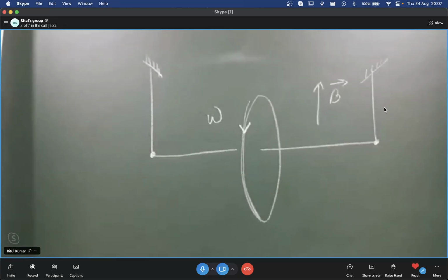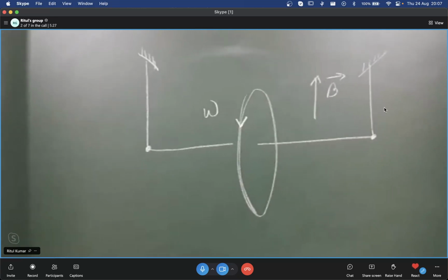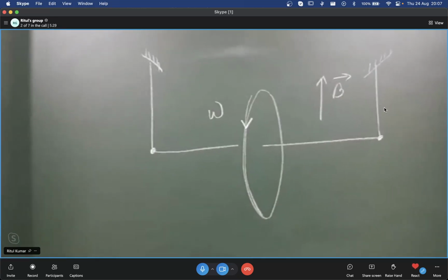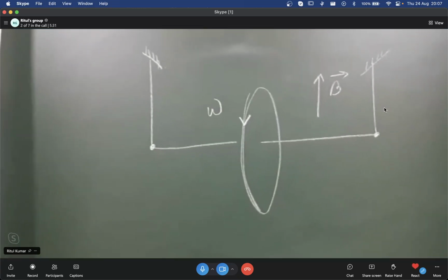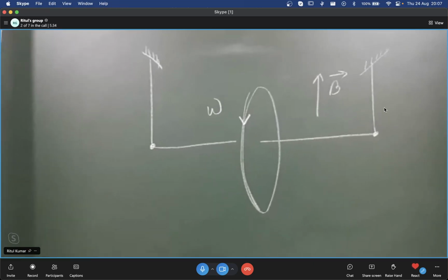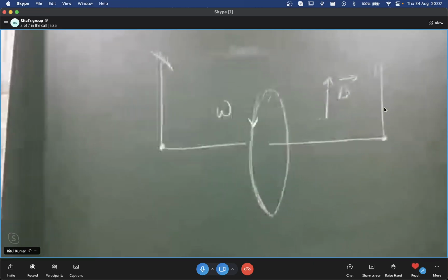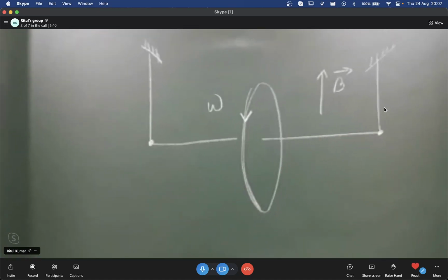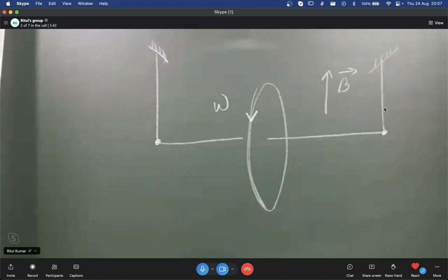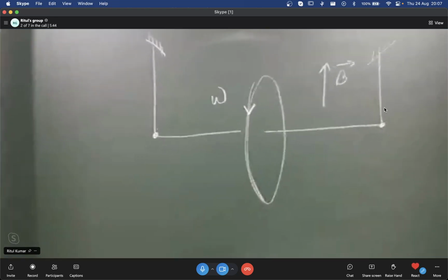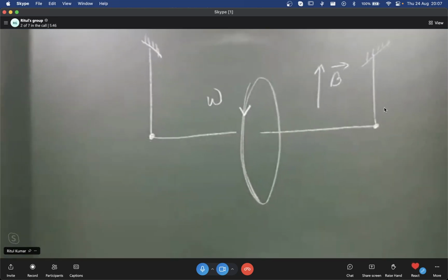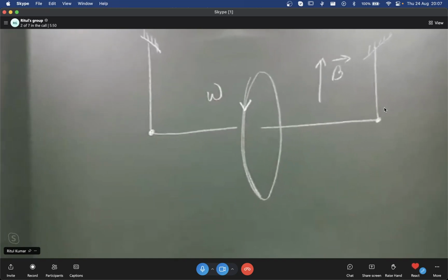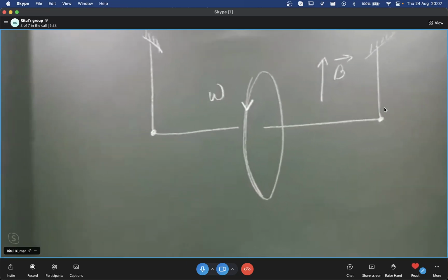So what do you mean by the top and bottom? If you consider the top and you consider a current element, an element at the top and an element at the bottom, and if you applied the normal I dl cross B formula, you would get that the top of the disk experiences a force to the left and the bottom of the disk experiences a force to the right.